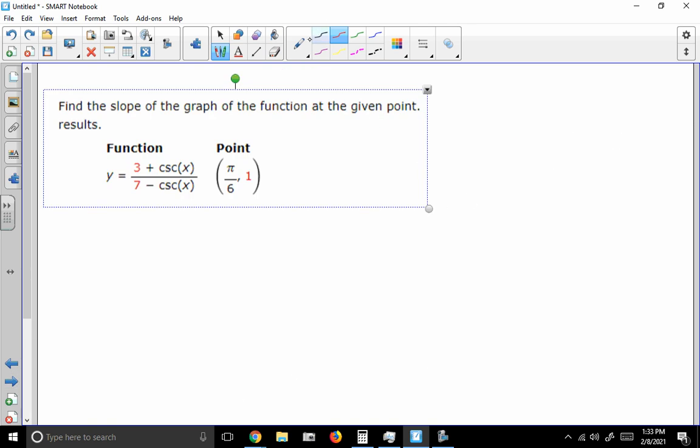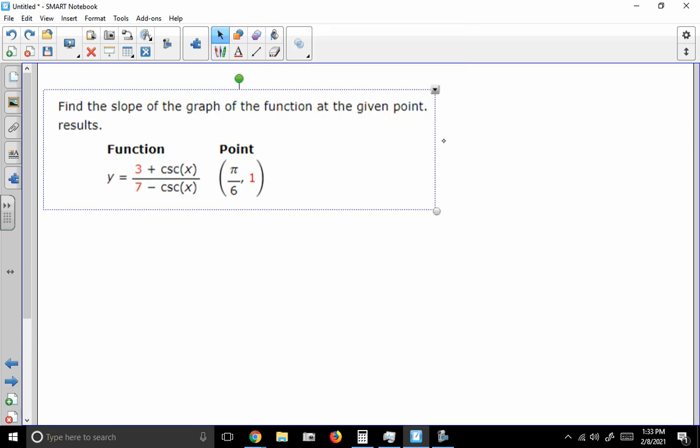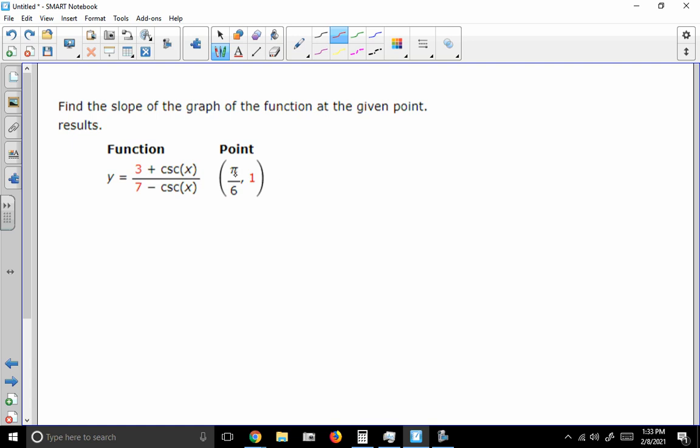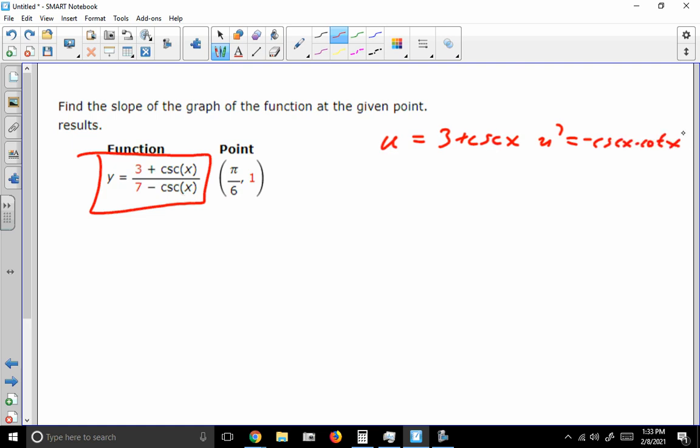So let's try to use some of these derivatives. They ask us to find the slope of the tangent line at this point. So if we need the slope of our graph at a point, we need the derivative. So the top is 3 plus cosecant x. The derivative of the top is negative cosecant times cotangent.